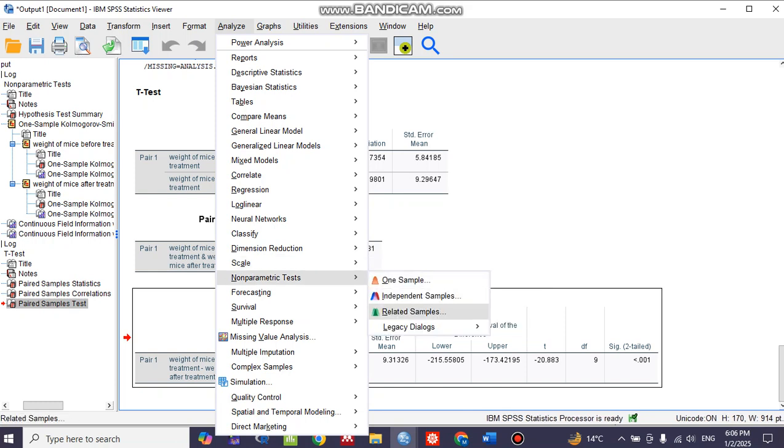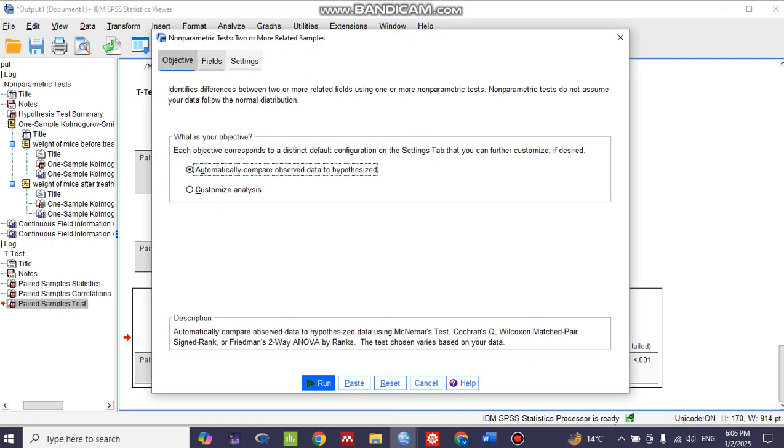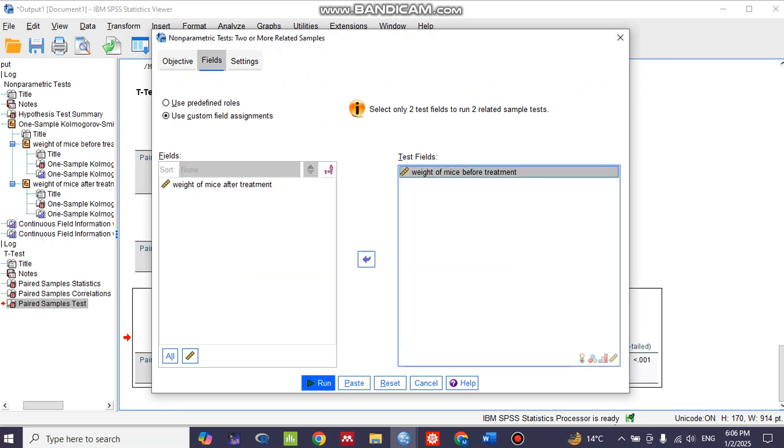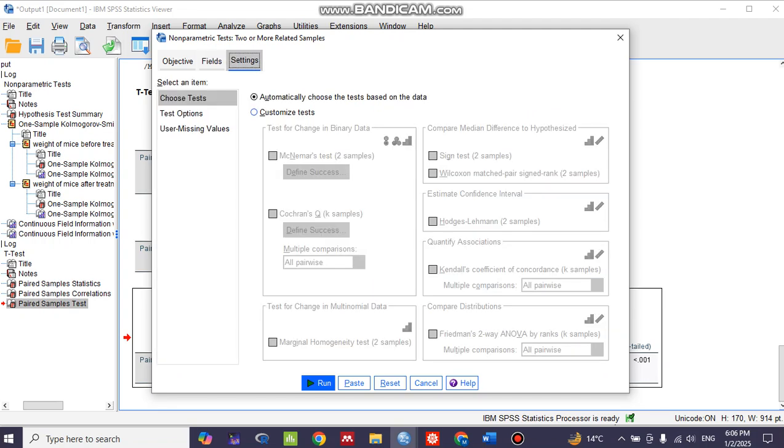So in analyze, non-parametric, related samples, and then from the fields I will choose both the variables and shift them to the other side. Then I go to the settings, and from here I choose customize test, and here you can see that we have Wilcoxon for matched sample test. I will check that one, and then I press run.